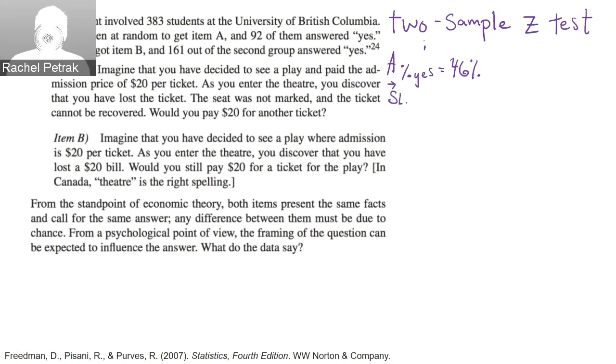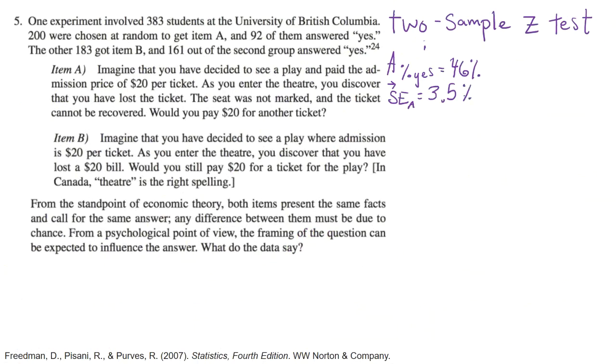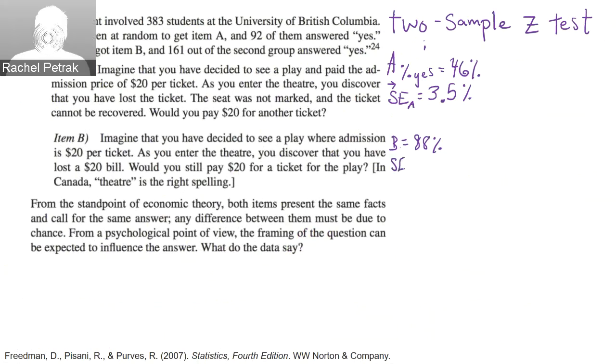And the standard error for the A group is 3.5%. For the B group, the percentage of yeses is 88%, and the standard error is 2.4%.